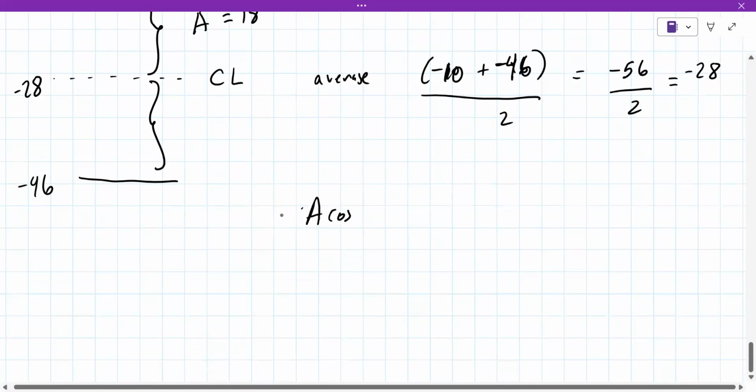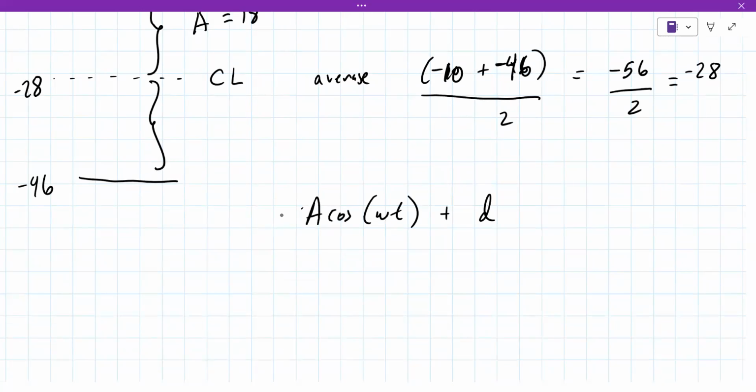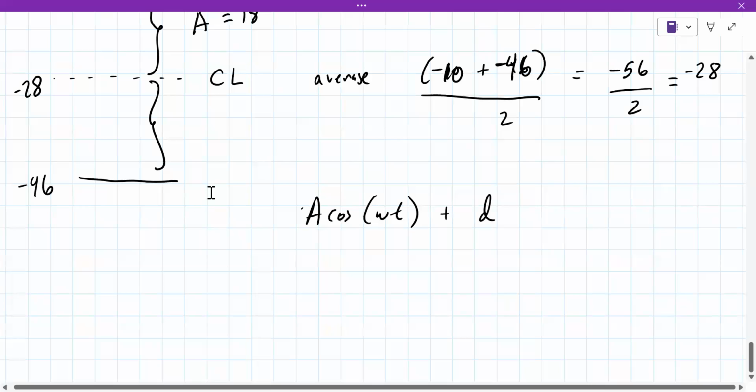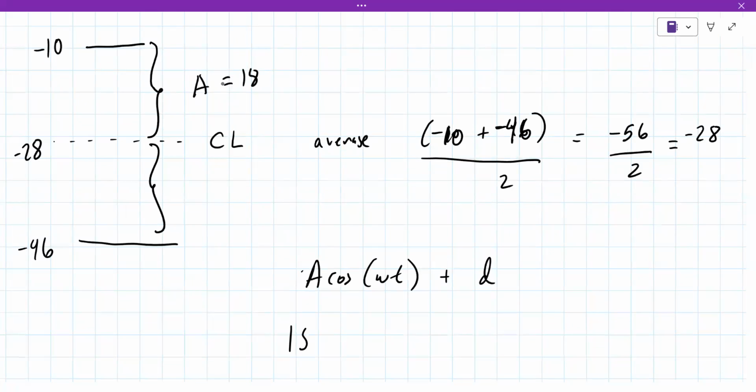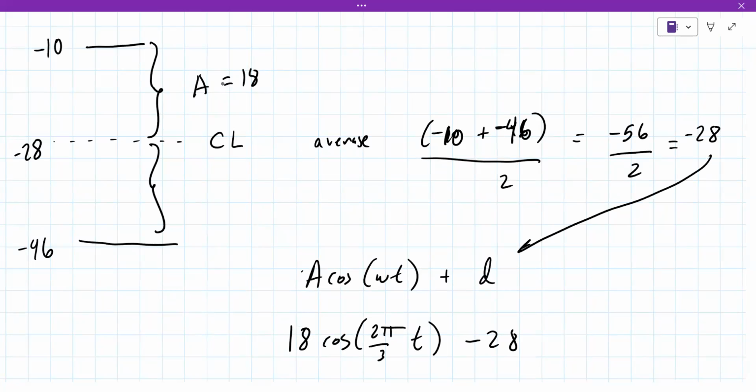It's A cosine omega t plus this vertical distance d. So the A is that 18, cosine 2 pi over 3 t, and then that center line goes here.